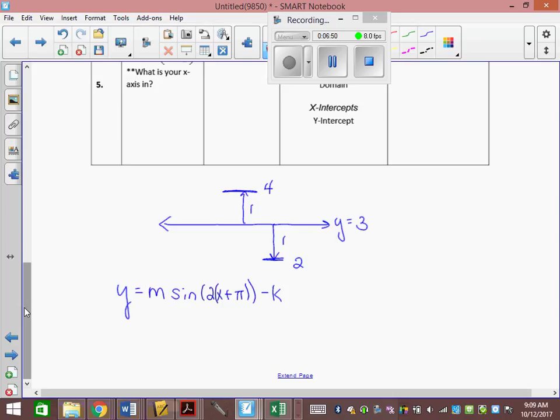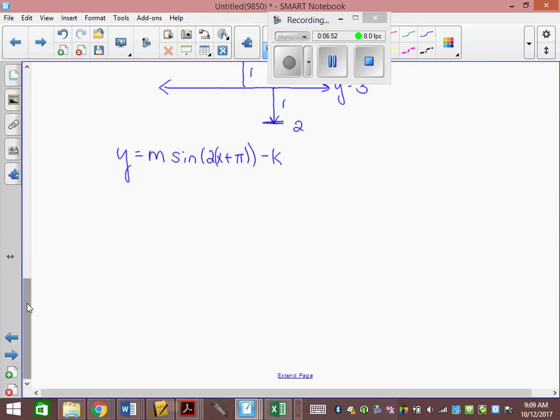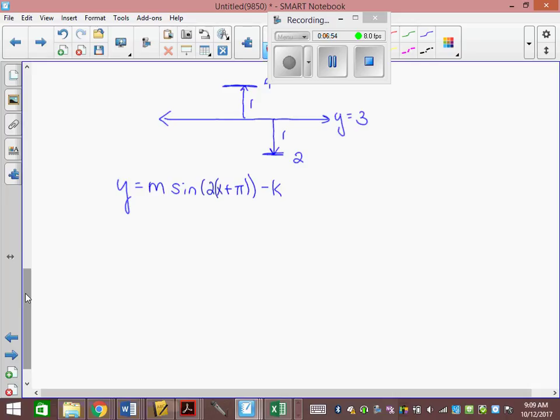So what's my median line in this case? What's the middle of my graph at? The negative k, right? It's down to the bottom. So that's where my middle line is. My max would also be from negative k, because that's where my middle line is. But for the max, I add my amplitude, and for the min, I subtract my amplitude.